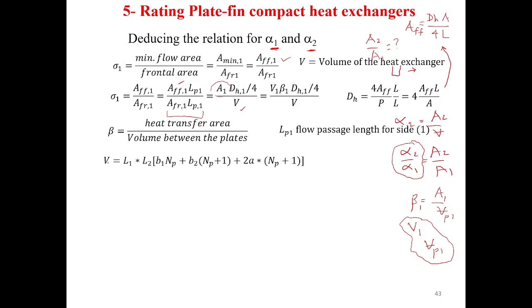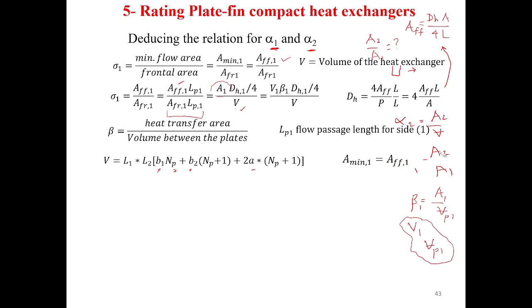You can write the volume of the heat exchanger as L1 times L2 multiplied by the common edge, as we wrote before, which is given in terms of B1, B2, and NB plus the thickness of the plate.